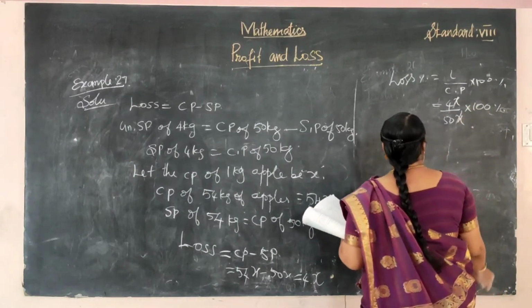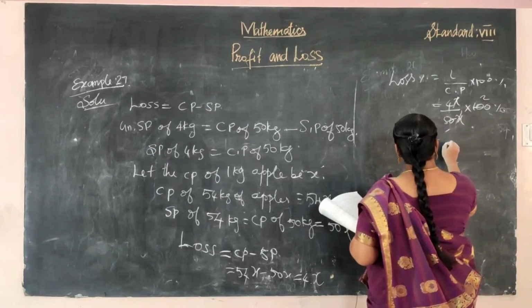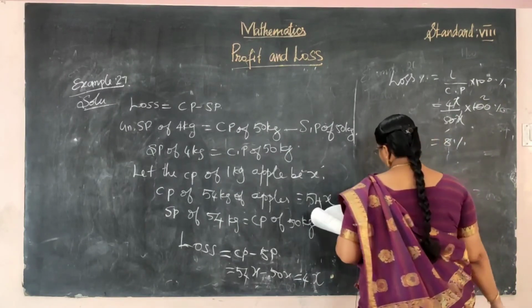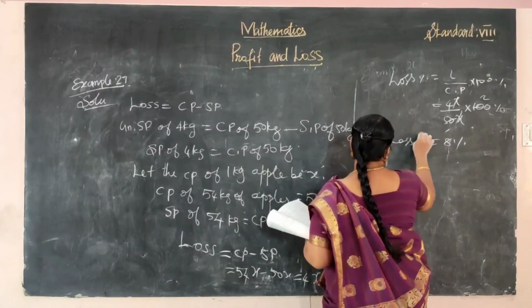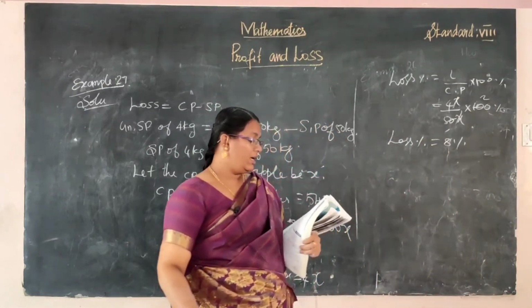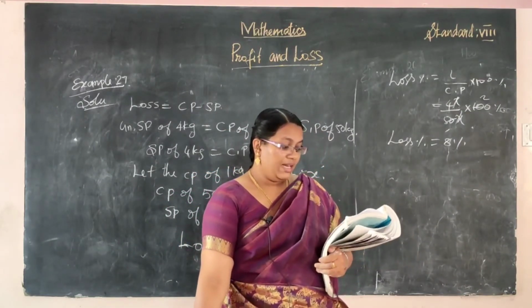It cancels. 50 twos are 100, so 8 percentage. So loss percentage is equal to 8 percentage.